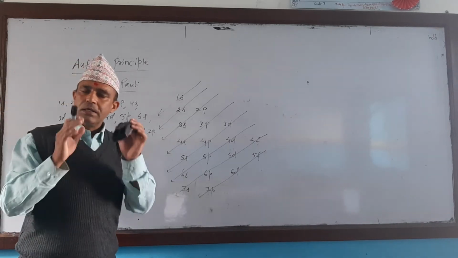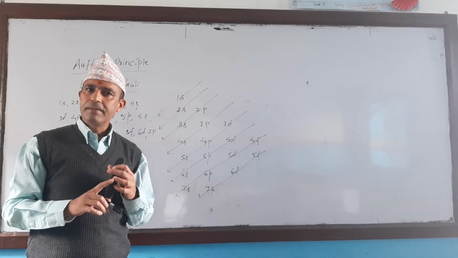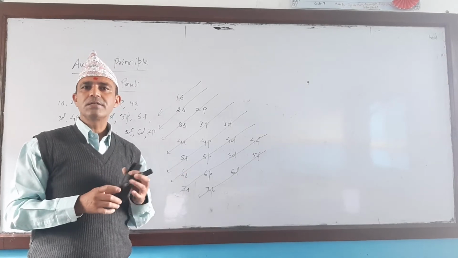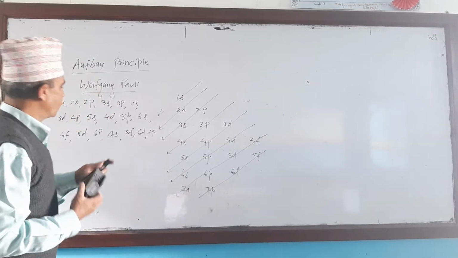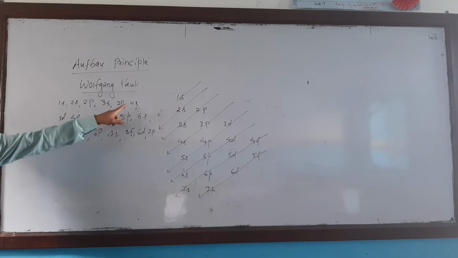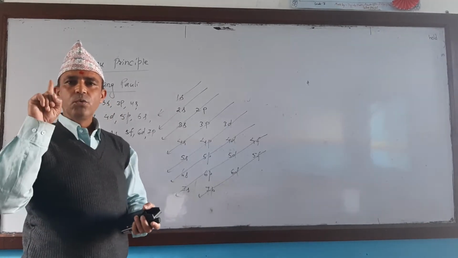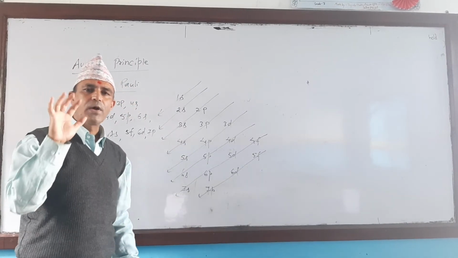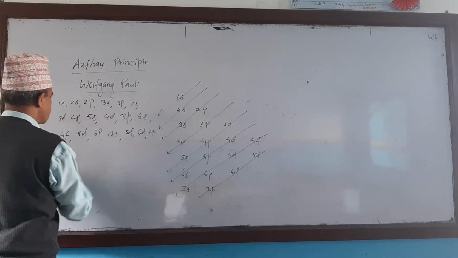Dear students, you must know the first 20 elements, hydrogen to calcium, and their electronic configuration according to subshell. For the first 20 elements, remember this much only: 1s, 2s, 2p, 3s, 3p, 4s.